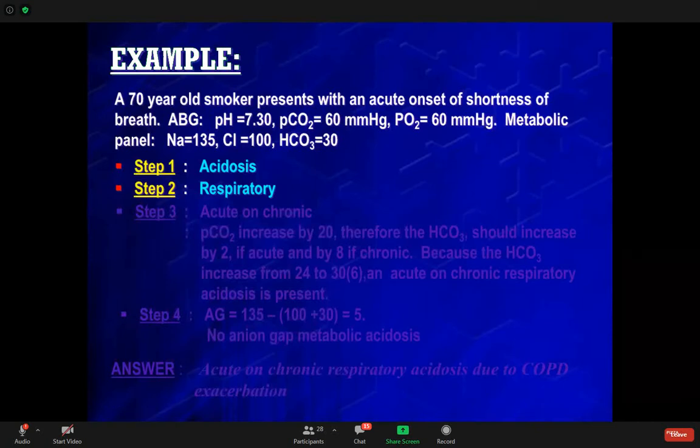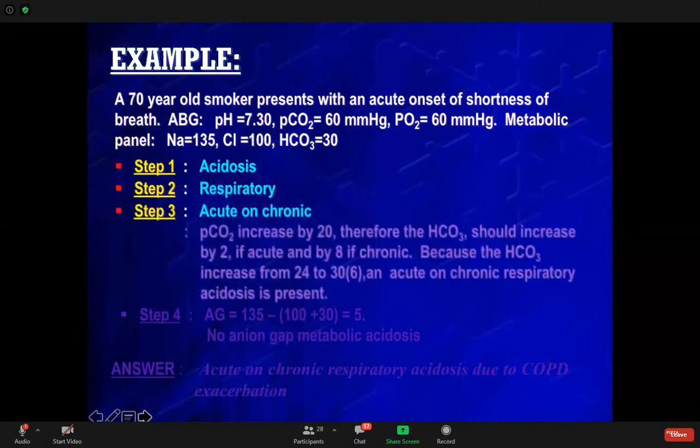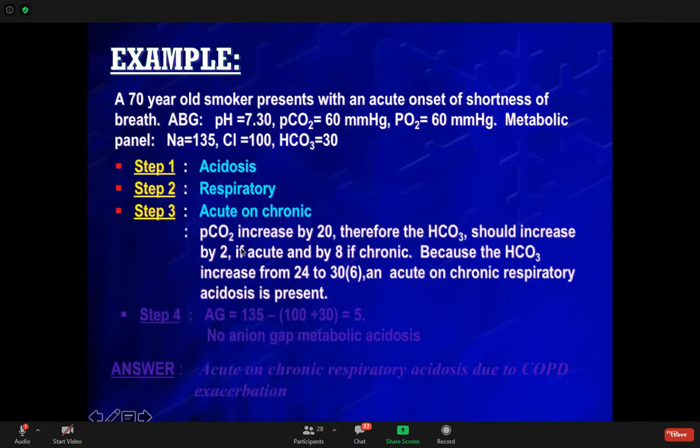Your bicarb, so 4 times 2 is 8, plus 24 is? Yeah, 32. Exactly. So here, as we said, your CO2 is increased by 20, therefore your bicarb should increase by 2 if it's acute, or 8 if it's chronic. Right? Because the bicarb is actually between them.